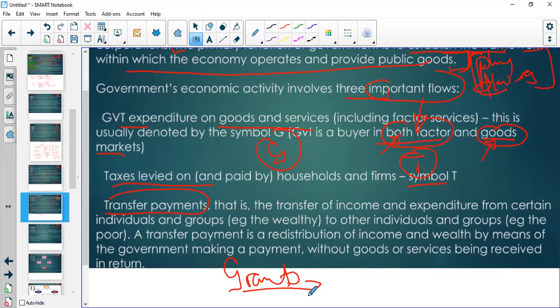And unemployment benefits and so forth that are given by way of transfer payments, not pension, but basically transfer payments where we do a redistribution of income from those considered privileged to the ones who are considered less privileged. So the government is responsible for government expenditure, taxes, and transfer payments. These are the three flows that are associated with the government, right?